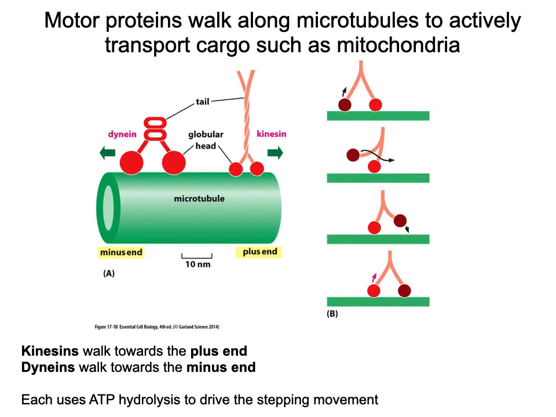They're going to move in different directions, and this allows for vesicles to move either towards the positive end using kinesin or towards the minus end using dynein. Okay, and as panel B shows, it's almost like one globular head moves forward, and then as that one gets put down, the next globular head moves forward, and that tail would be holding on to the vesicle so that the vesicle or the organelle would be moving along that microtubule.